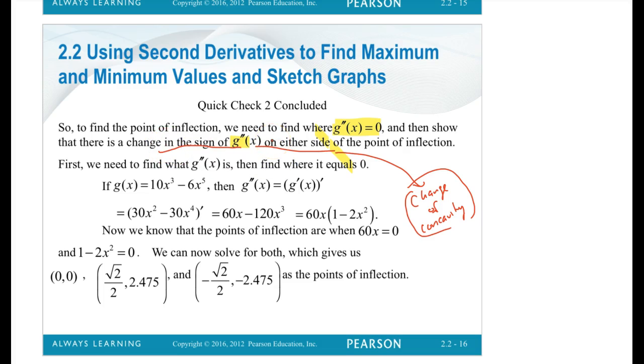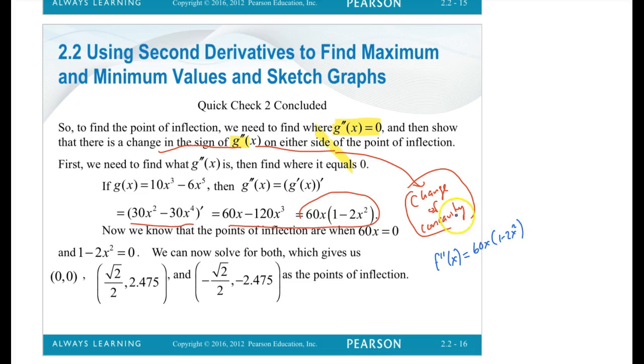On this problem, you can see we have this derivative. The second derivative is the derivative of the first. So we're taking the derivative, and here is the second derivative right there. It's kind of hard to see with all the writing there, but what we end up pulling out here is the second derivative, f double prime of x, is equal to 60x(1 - 2x²).